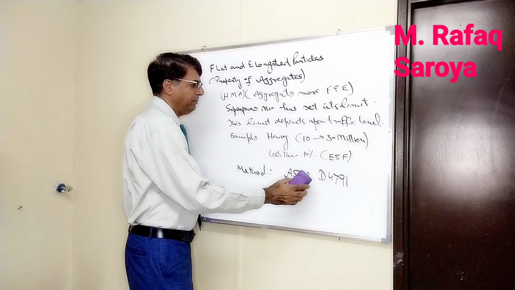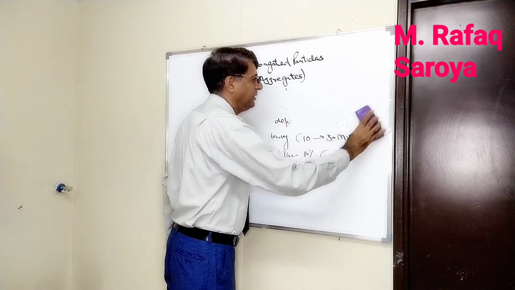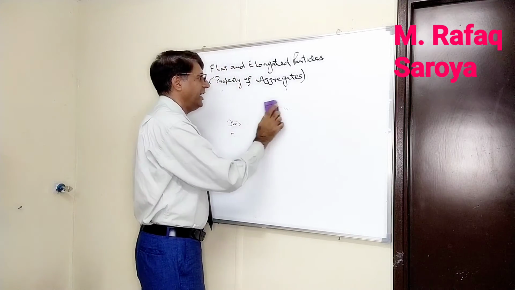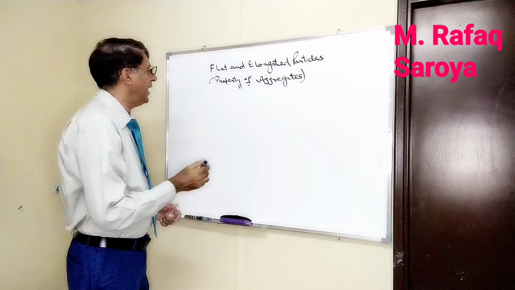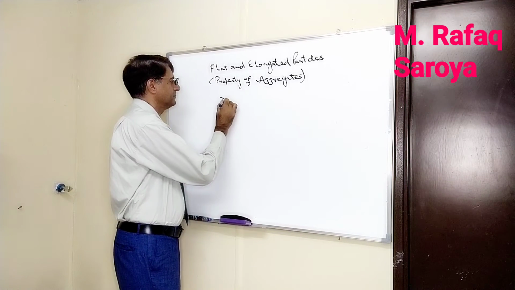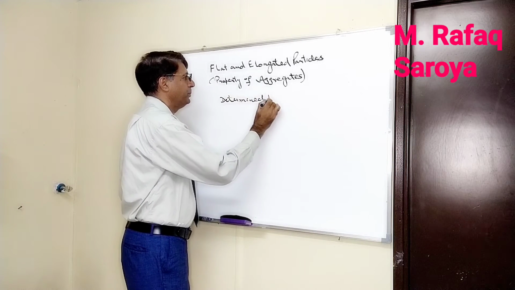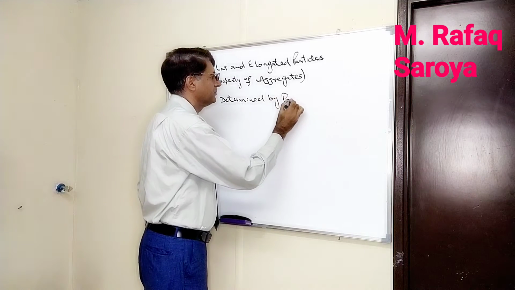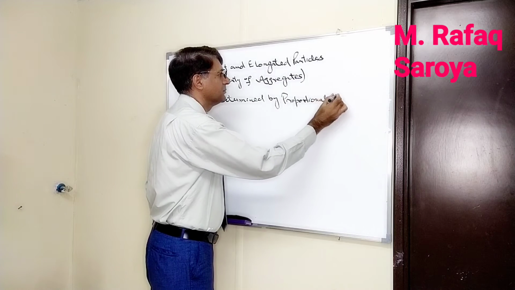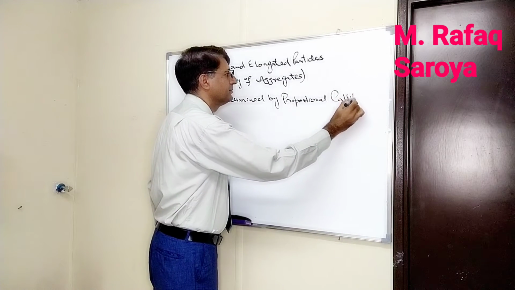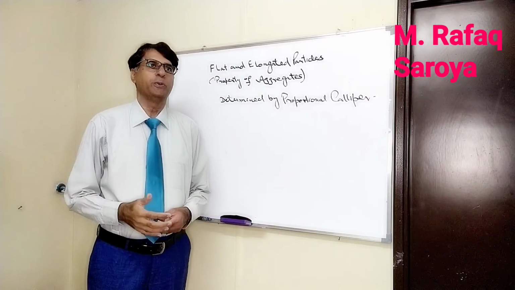Now, how will we determine it? I will give you just a brief introduction because I will not waste more time over this. These flat and elongated particles are determined by a proportional caliper.